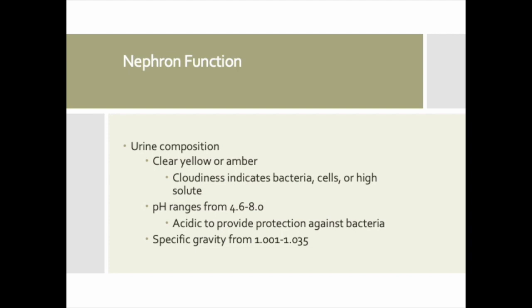Well, blood, there could be a number of reasons, and we're going to get to that in our slides when we talk about the alterations in renal function. But for instance, it could be a urinary tract infection, but it also could be something with the bladder, like bladder cancer. What would cause traces of protein to spill out into your urine?